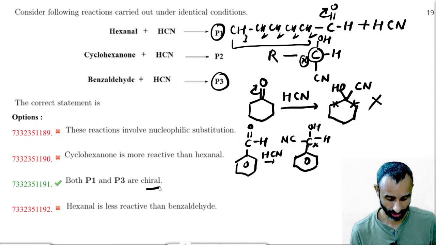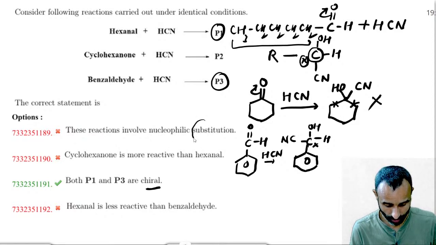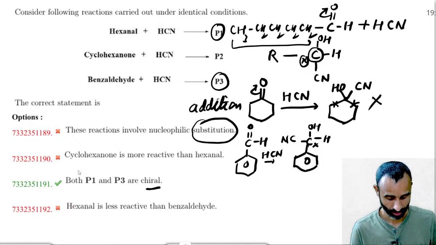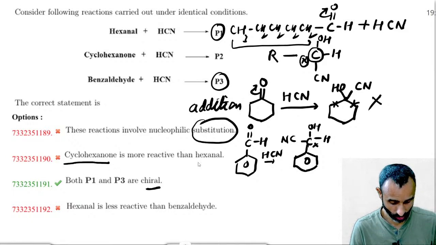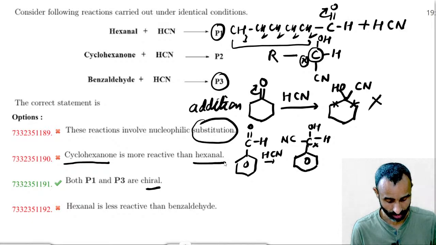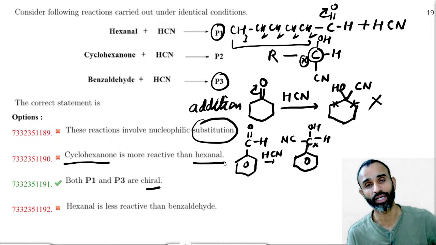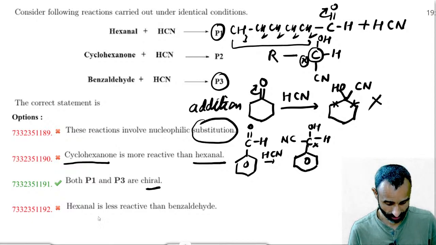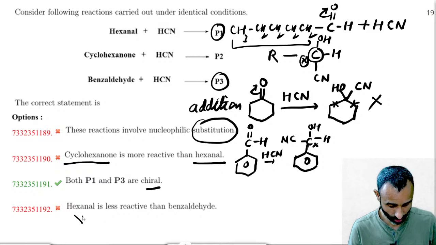So these reactions involve nucleophilic addition, not substitution. Cyclohexanone and hexanal: obviously, aldehydes are more reactive than ketones. So hexanal is more reactive than cyclohexanone.